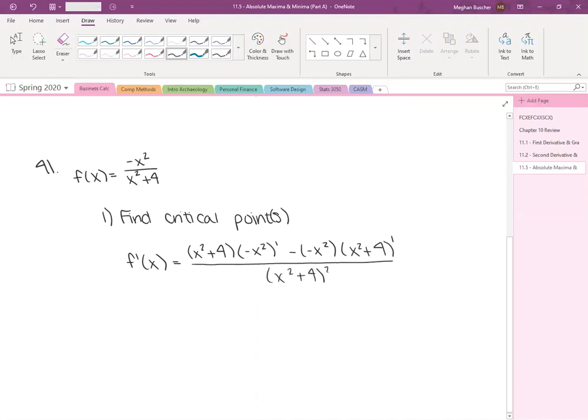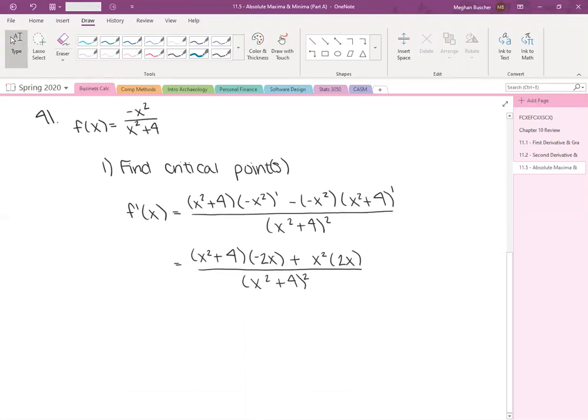the bottom squared. Okay, and then just rewriting this, derivative of negative x squared, that's just going to be negative 2x. And then I'm going to actually just rewrite this as a plus x squared times derivative of x squared plus 4, that's just going to be 2x all over x squared plus 4 squared.